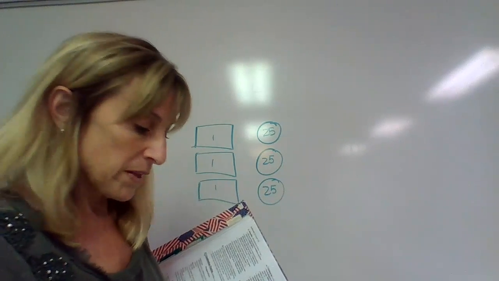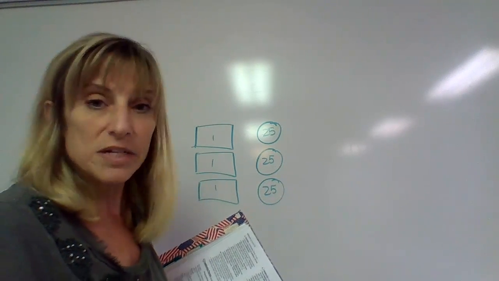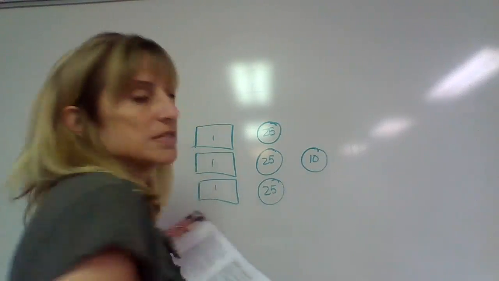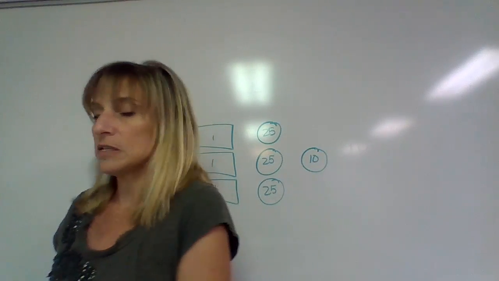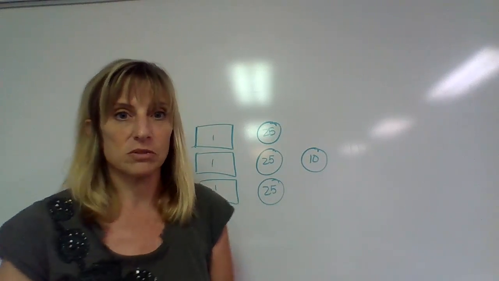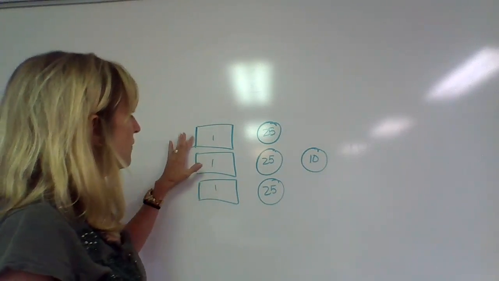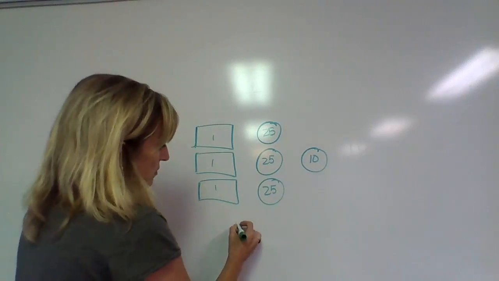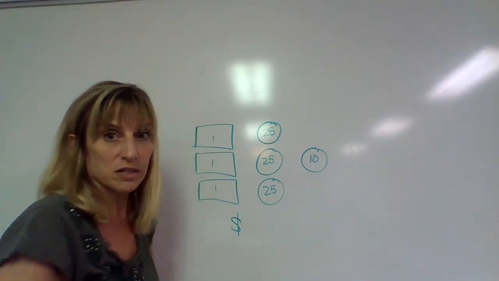There are my quarters. And then 1 dime, okay? And 1 dime is 10 cents. So if you need to draw that on your paper, that's what it would have looked like, okay? So I have $1, $2, $3. So I'm going to write my answer down here. Don't forget your dollar sign.